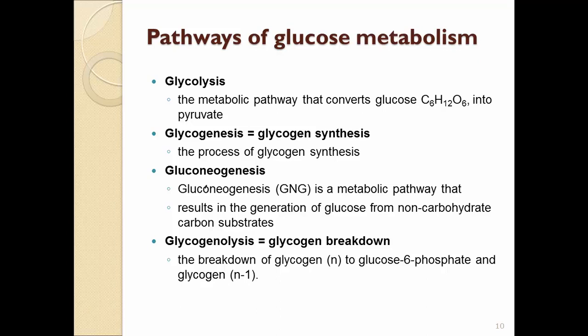Okay, so now let's talk about glycolysis. It's the first of our important pathways of glucose metabolism, glycolysis. So glycolysis is a metabolic pathway that can convert glucose into pyruvate. Again, it also depends on whether it's aerobic or anaerobic condition, right?